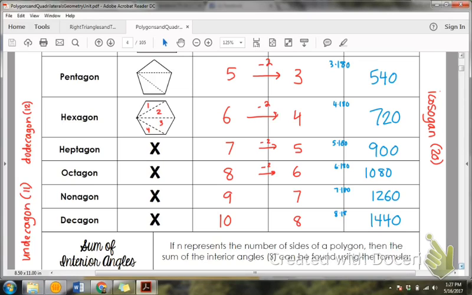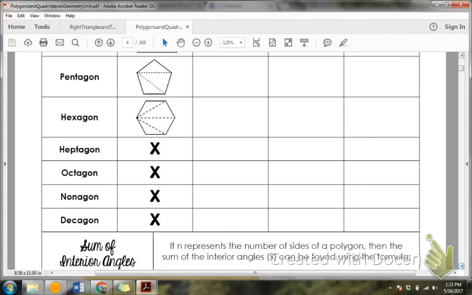If I wanted to find the sum of the interior angles, so if I wanted to find this column here, I took the number of triangles and multiplied by 180, right? But how did I get the number of triangles? What did we always do? Subtract 2 from the number of sides. So this is what your formula looks like then.